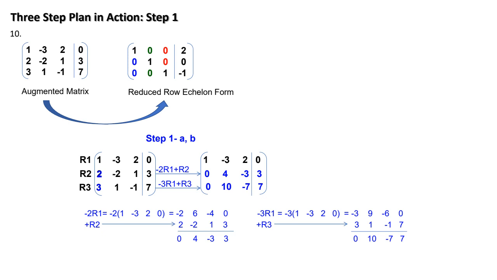What you're going to do is a series of steps that involve the rows. It's basically the elimination method, but in a condensed form. If I look at my answer, I want it to be 1 0 0, 0 1 0, 0 0 1.